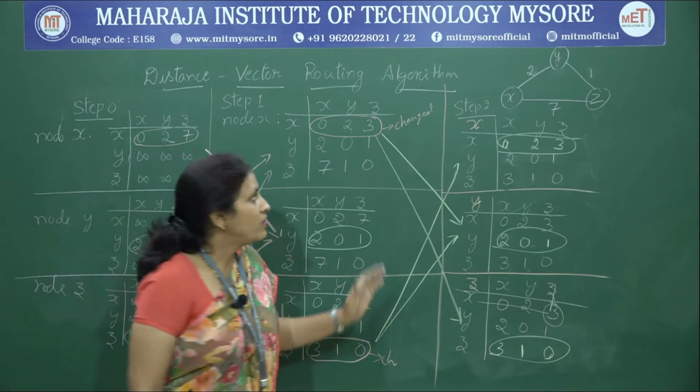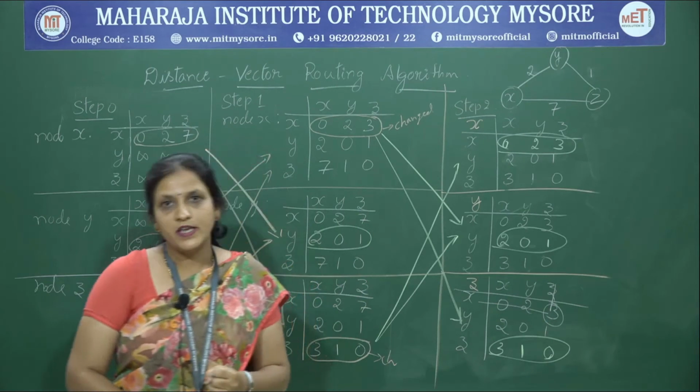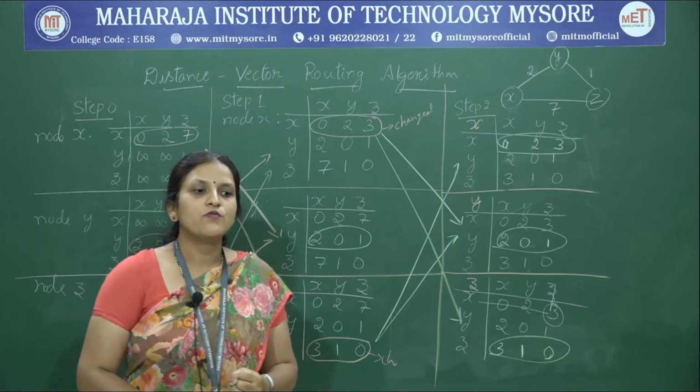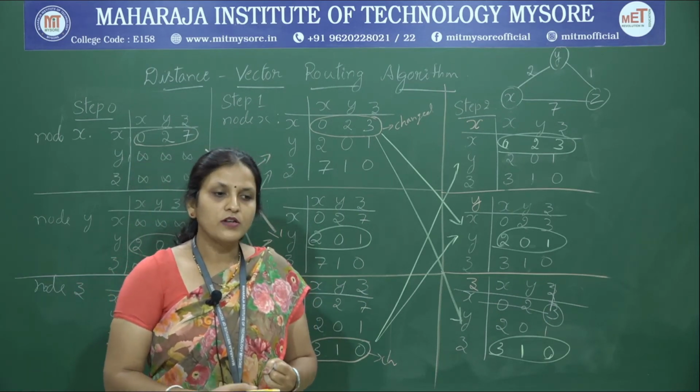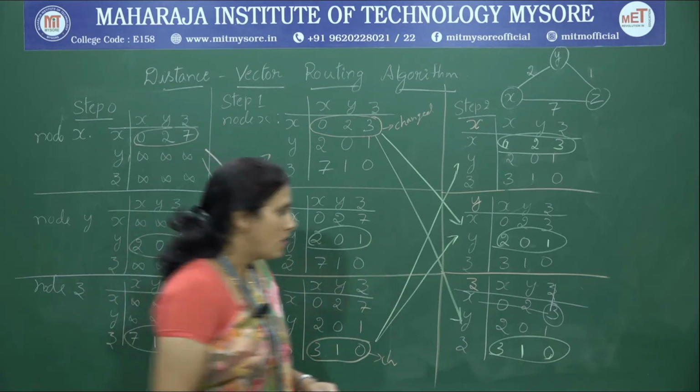Now, having a knowledge of how distance vector routing algorithm works, we will see what are the consequences or what are the effects or what are the fallbacks that we can have in case of distance vector routing algorithm.